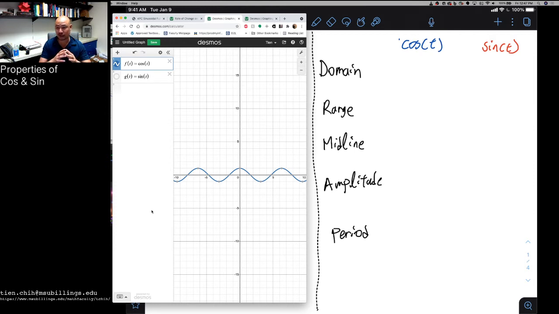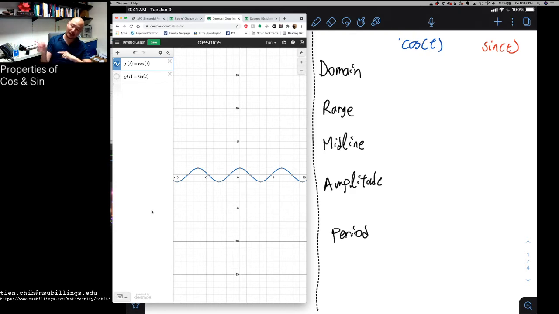at cosine here. So the domain in this case is how far forward or back you can move along the circle. And the fact is that you can move forward as much as you want. There's no limit to how far forward you can move. But you can also go backwards, you can go the other direction.